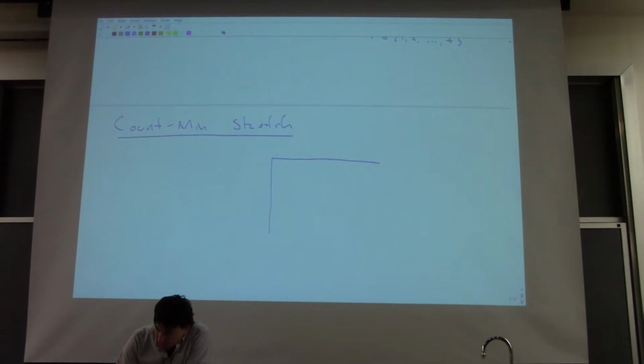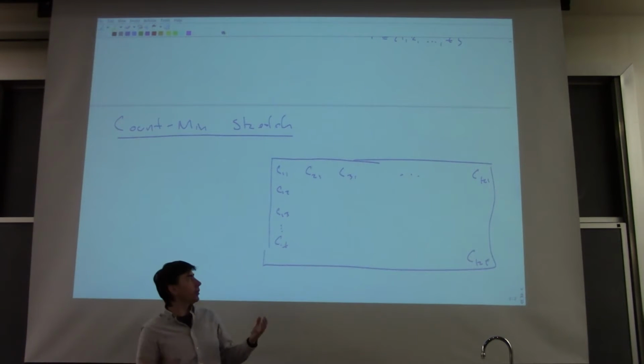So this will be C: counter 1,1, counter 1,2, counter 1,3, up to counter 1,T. And it's going to be longer this way, so this will be counter 2,1, counter 3,1, to counter K,1, and so forth. And this will be counter K,T.